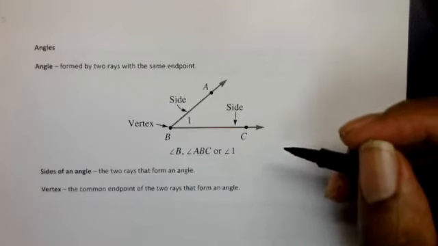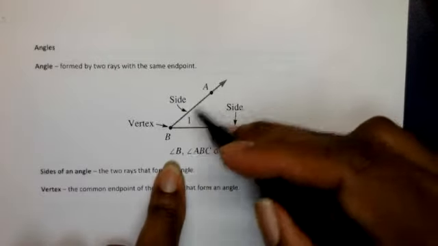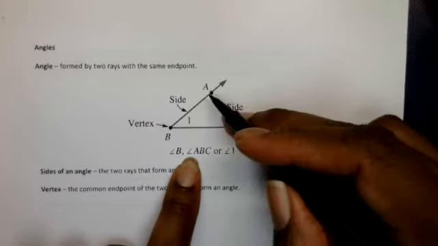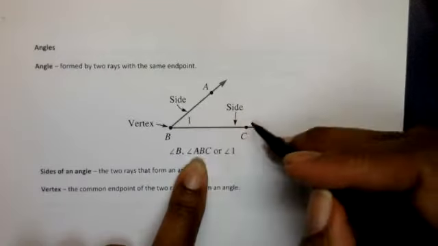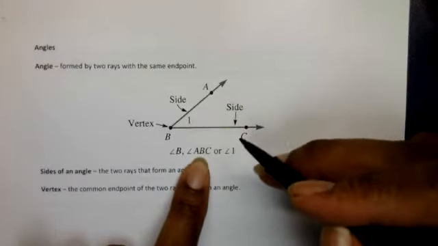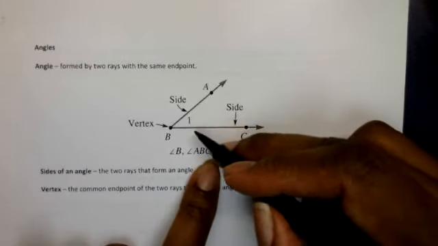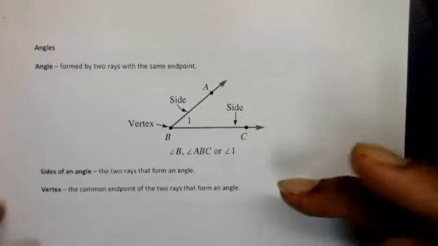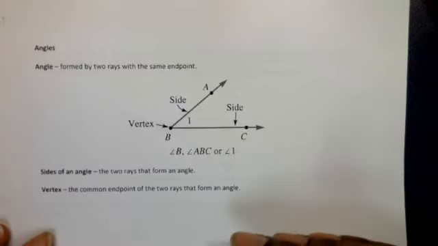We can label an angle in one of three ways. We can label it by the vertex itself, which is angle B. Or angle ABC, where if you use three letters, the letter in the middle will be your vertex. Or we can say angle 1. Sometimes angles are labeled by numbers. So that's what an angle is and what it looks like.